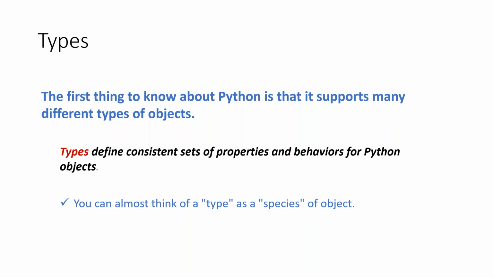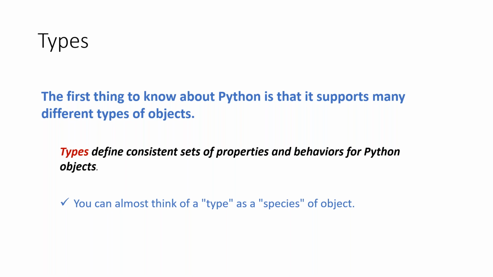So in Python, you have to know that Python supports many different types of objects. As we go on, everything will be an object: a reusable function is an object, a model is an object, a model pipeline is an object, a dictionary is an object, a list is an object, a string is an object.